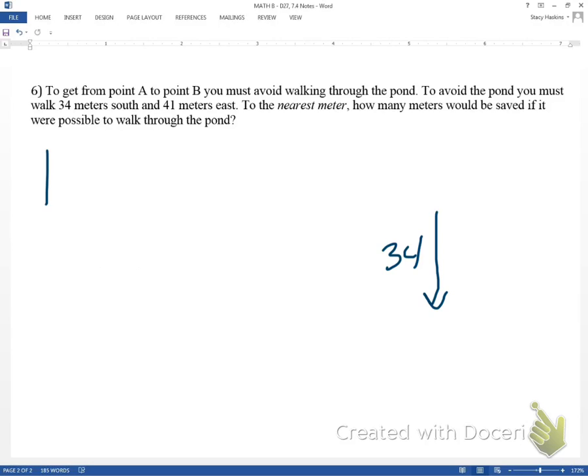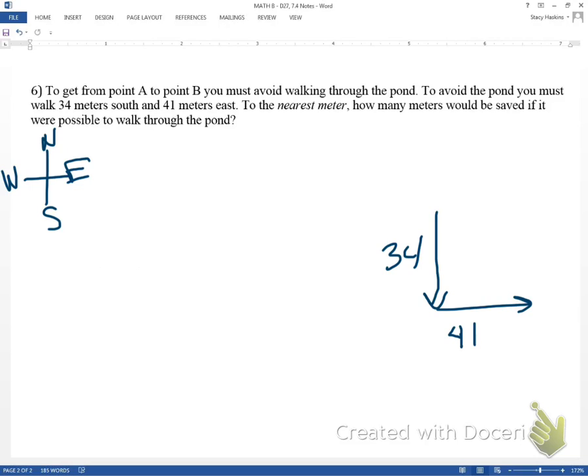Do you remember your cardinal directions? North, south. If you don't remember which is east and west, it spells we, W-E. Oh, so the east goes that way. 41 meters east. This is to the nearest meter. How many meters would be saved if it were walked through the pond?